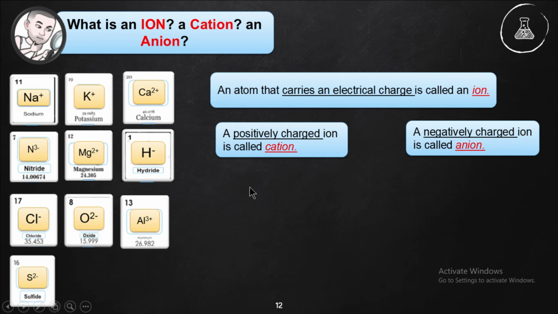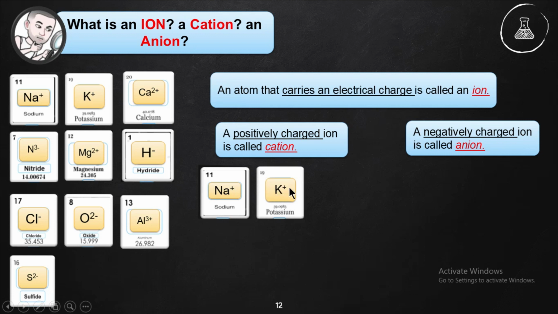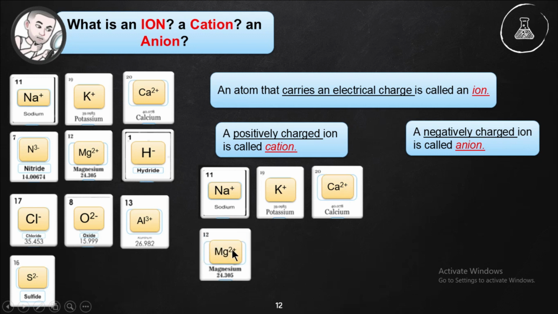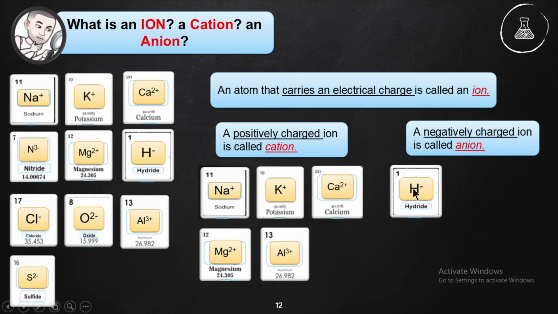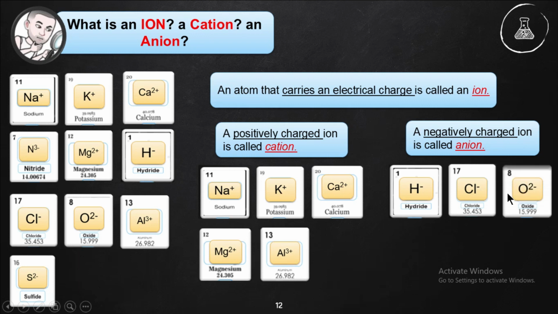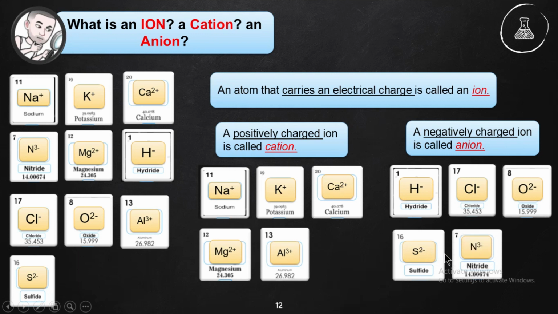So, ang mga under cation dito ay si sodium, positive charge, potassium, positive charge, calcium 2, positive charge, magnesium 2, then positive charge, aluminum 3, then positive charge. Sa anion naman, we have here hydride, negative charge, chloride, may negative charge siya, oxide 2, then negative charge, sulfide 2, then negative charge, nitride 3, negative charge. So basically, ito yung difference ni cation and anion.